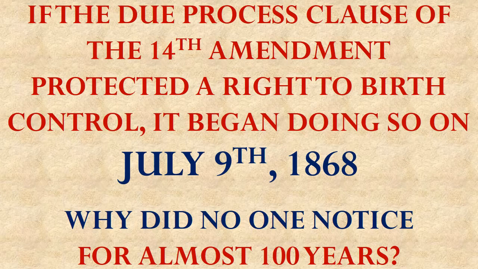Now, which makes more sense? That this right to birth control was put in the Constitution on July 9th, 1868, and nobody noticed it until the 1960s, or that it was never there in the first place and the Supreme Court is simply making it up, inventing it in this case. I think the latter is obviously true. It's the Supreme Court inventing a new constitutional right.